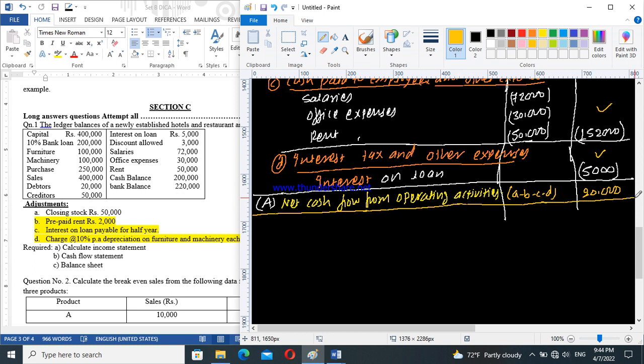Move on, investing activities. Cash flow from investing activities.